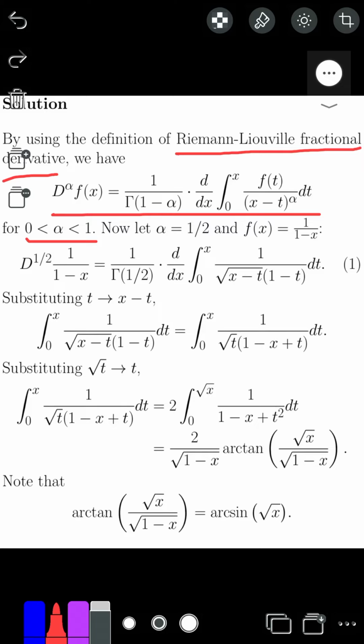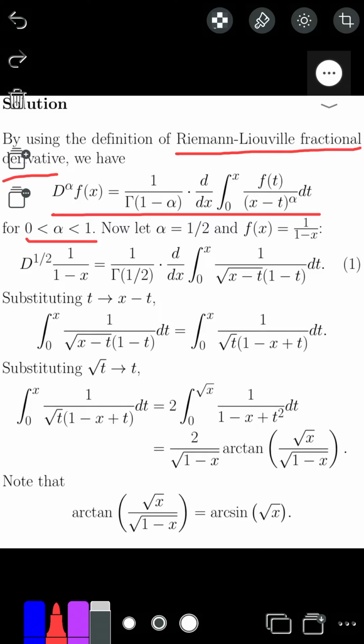For larger alphas, for example alpha larger than 1 and less than 2, say we're finding the 3/2 derivative, you can find the 1/2 derivative first and then differentiate it once with the normal first order derivative, because 1 plus 1/2 is 3/2.